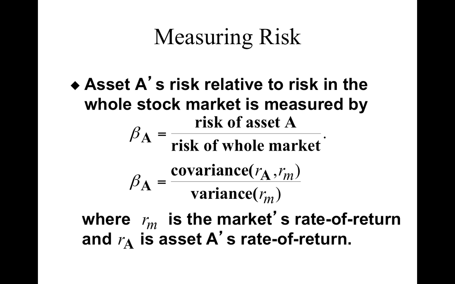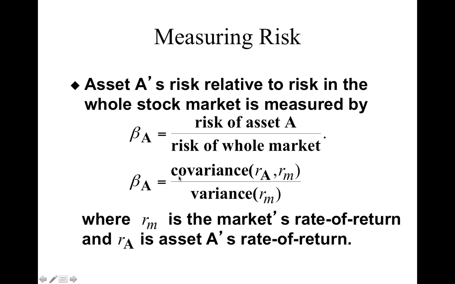So how do we basically characterize this? We look at asset A's return and we look at market's rate of return. So you can think of this as some index rate of return, let's say Standard and Poor's 500, the rate of return on that. And this could be the rate of return on a particular share, let's say Apple.